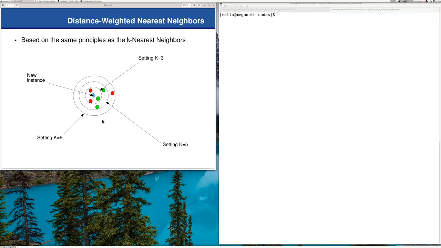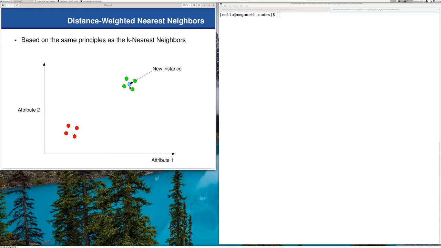So the point is, I can change the width, the spread, or the standard deviation, if you prefer, of my Gaussian function to enclose more or fewer points around my new instance. You can imagine this like, okay, we have a space, and when I arrive in that space, I can be classified according to my neighbors, according to my vicinity.